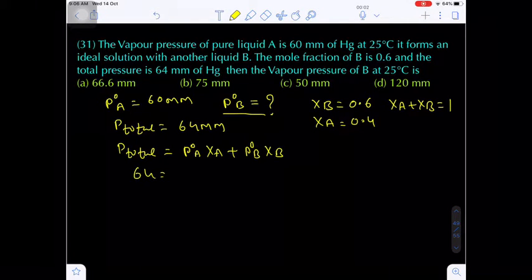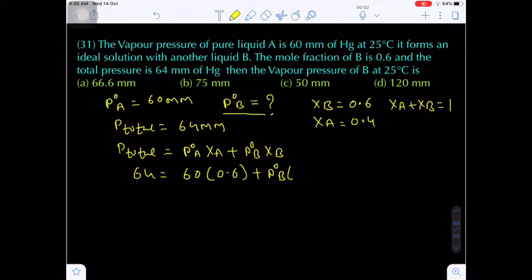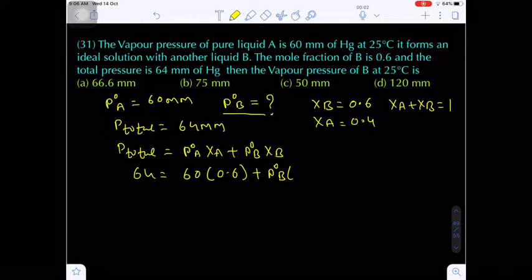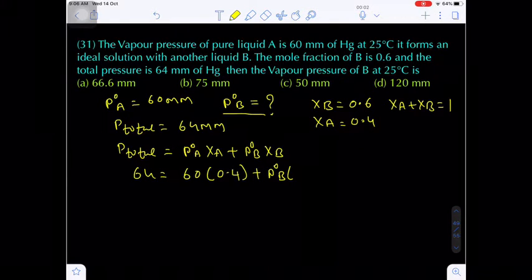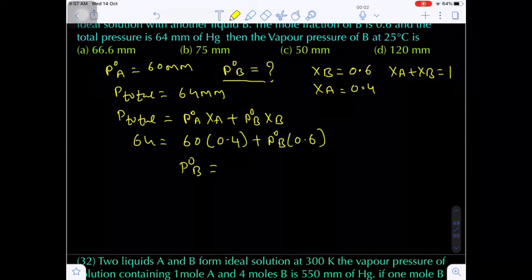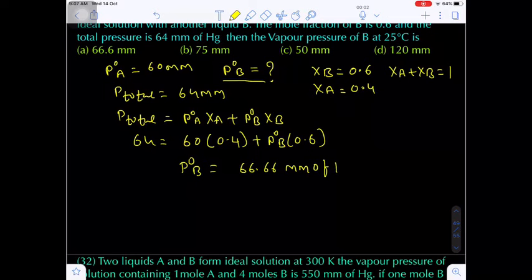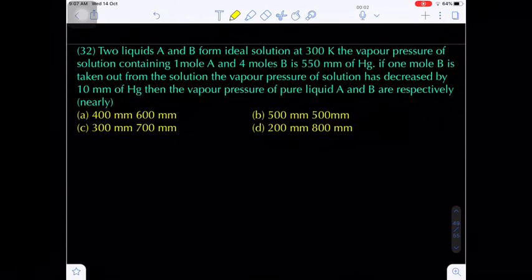Now here the total pressure will be 64, P naught A will be 60, Xa value will be 0.4 and Xb value 0.6, and P naught B is to be calculated. After simplification of this linear equation, you will get the vapor pressure of component B in the pure state, that will be 66.66 mm of Hg. So option number A, first option.